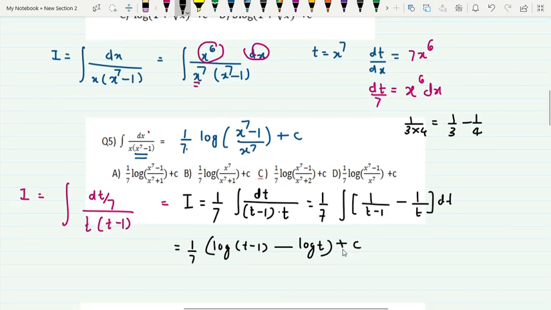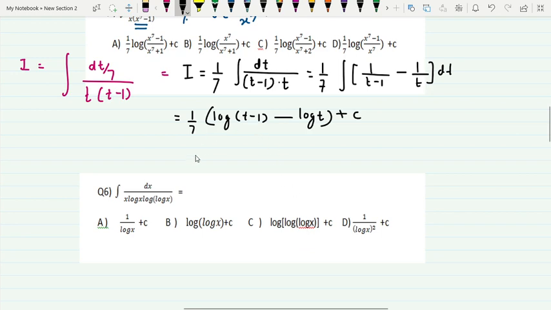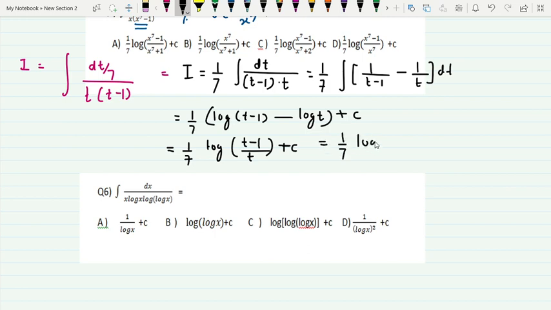So further this log of t minus 1 upon t will be 1 upon 7 into log of t minus 1 upon t plus c. But our t is equal to what? t is equal to x raised to power 7. So this will be 1 upon 7 log of x raised to power 7 minus 1 upon x raised to power 7 plus c.